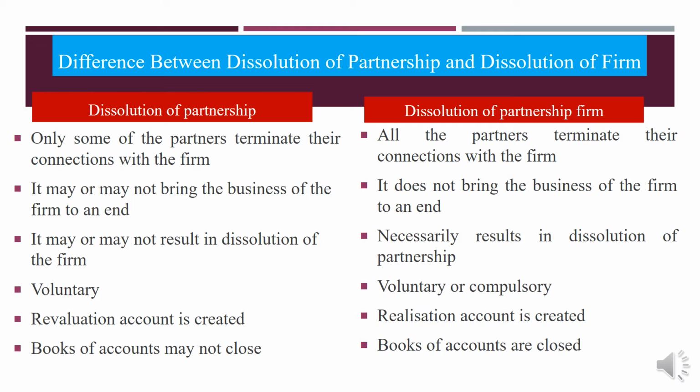Next one, dissolution of partnership is voluntary, whereas dissolution of the partnership firm may be voluntary, or sometimes it may be because of the court's direction. Court may direct compulsory dissolution, so in that case it would be compulsory dissolution of the partnership firm.